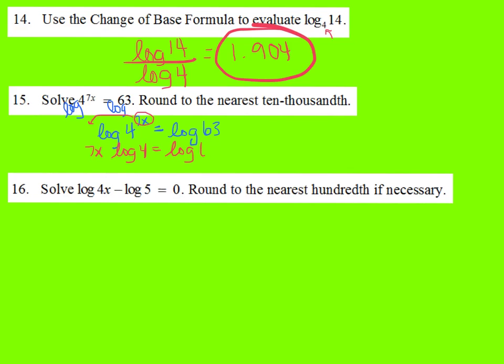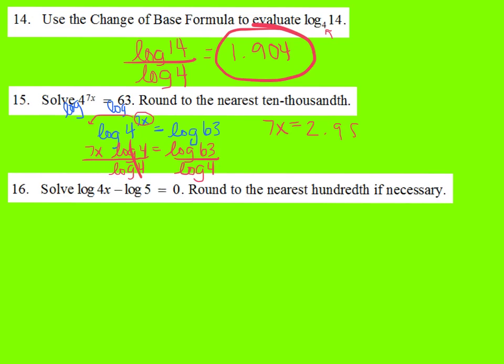Now, in order to get x by itself, I need to divide by log 4 on both sides. On the left, it goes away, and I'm left with 7x equals, and on the right, when I put this into my calculator, I get 2.9886.